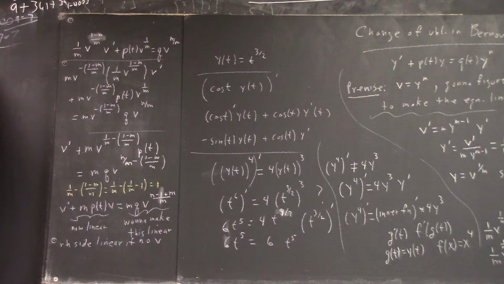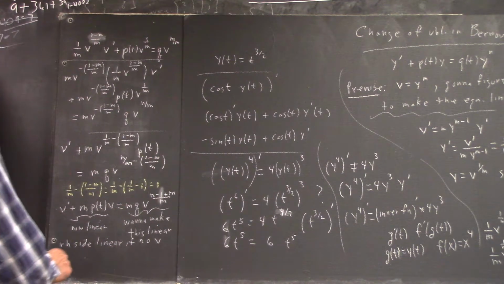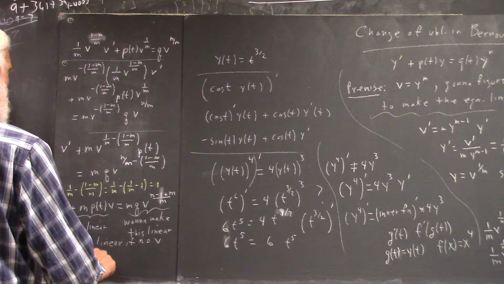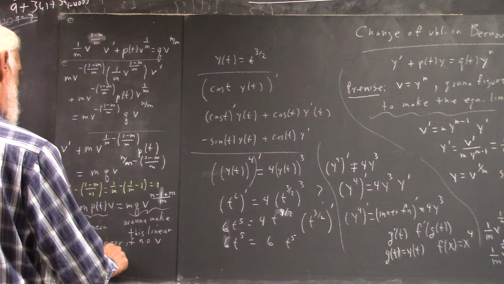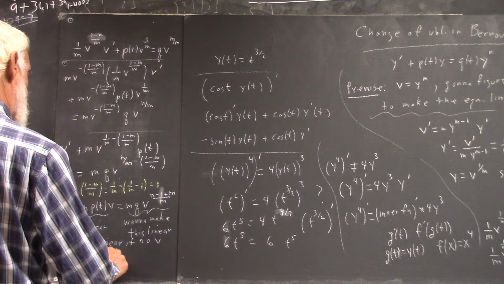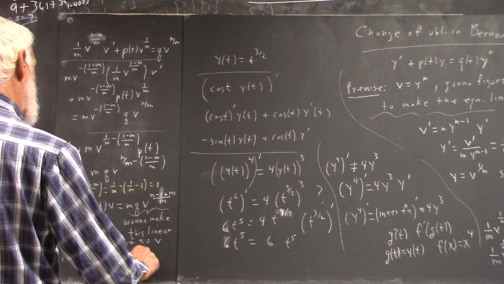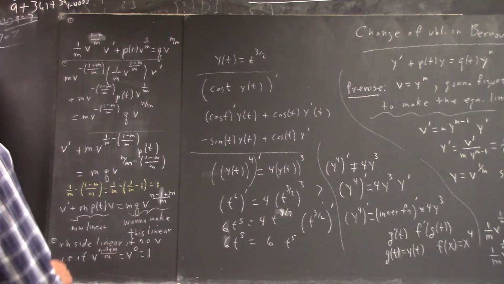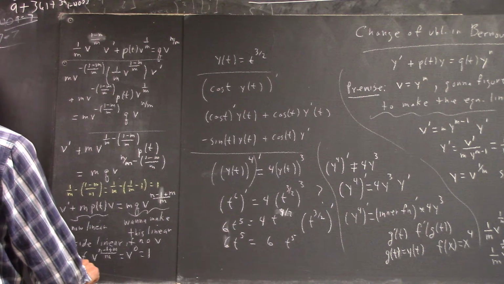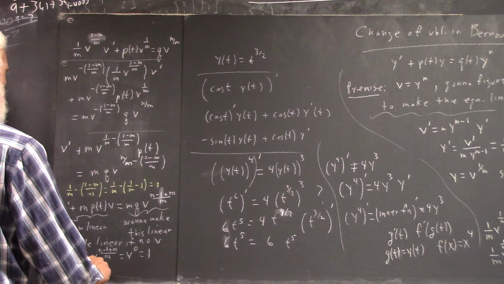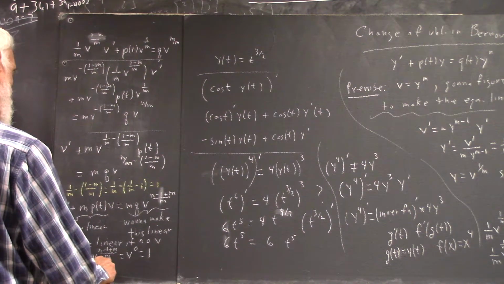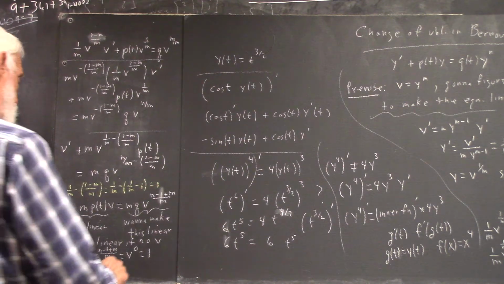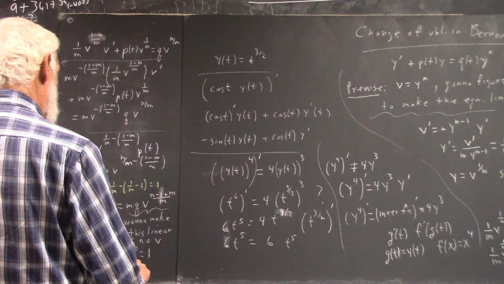The right-hand side's linear if no v, which happens if this equals v to the 0 equals 1. So, n minus 1 plus m equals 0. So m equals what?